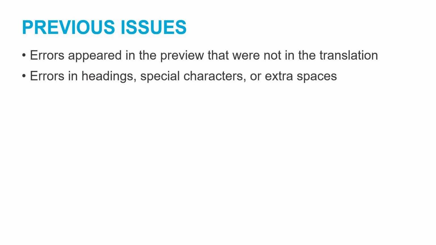While these sorts of errors should be very uncommon, it is important to know that if there is ever an error that appears in the preview text but not in Trados Studio, the error will not be in the final published version and does not need to be fixed in the preview. But when an error is found, always verify that the text is correct in Trados, rather than just assuming it will be correct in the final version.